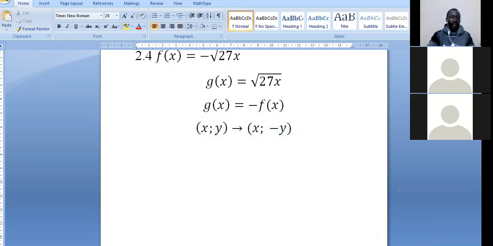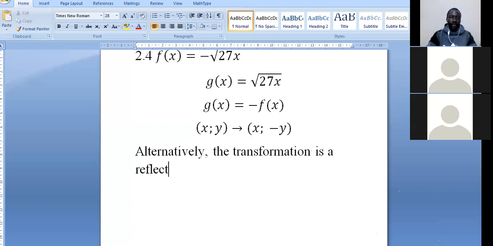You could also say alternatively, the transformation is a reflection in the line, sorry, in the x-axis.